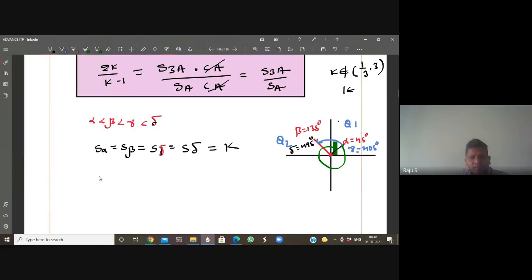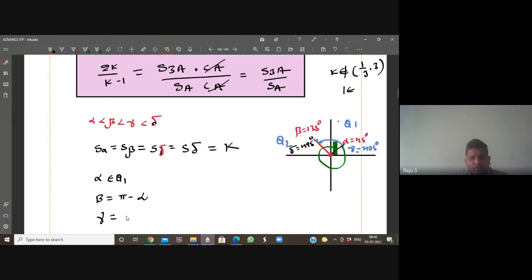When I take alpha in the first quadrant, shall I take beta as pi minus alpha? I want to express all the values in terms of alpha.